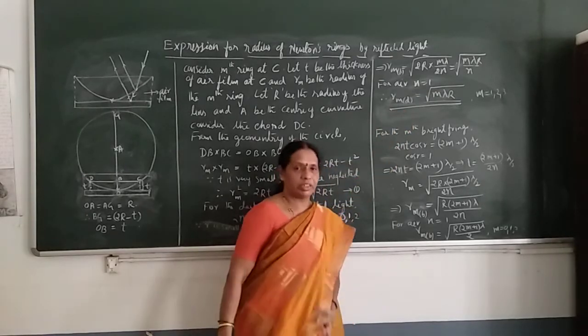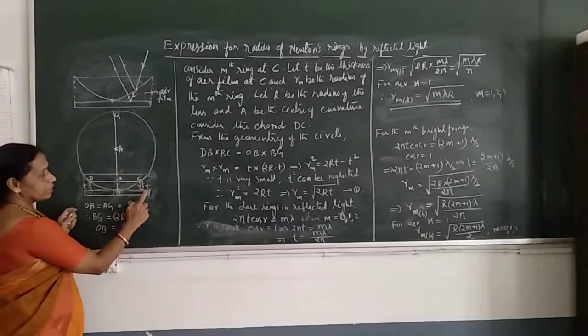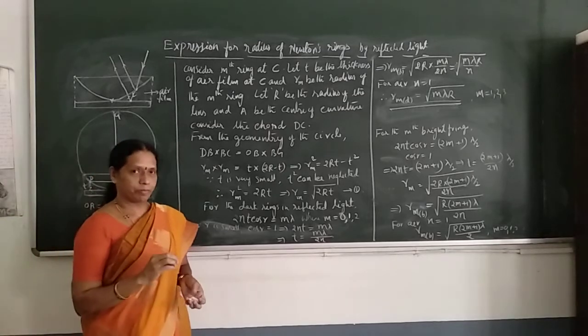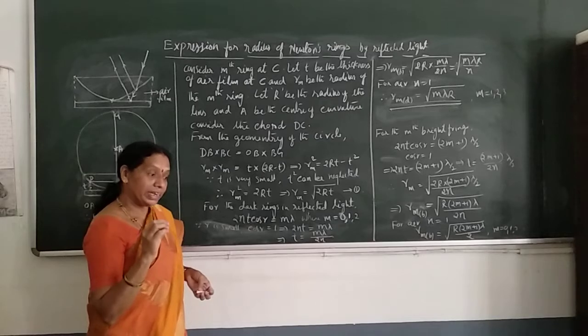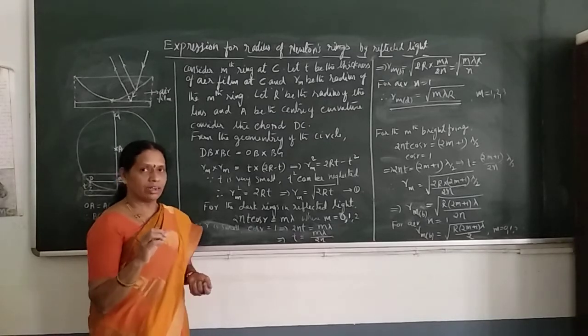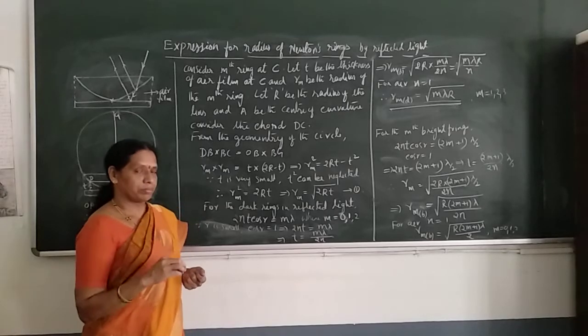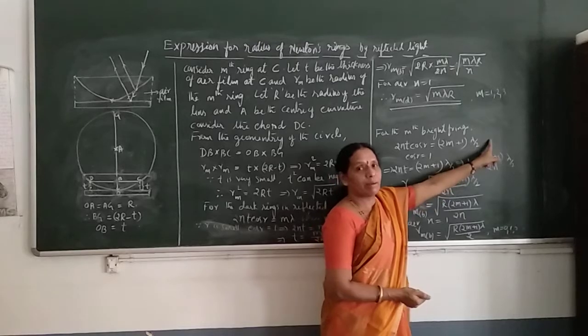Now consider the bright fringe. Suppose at this point where the thickness is t, the mth bright fringe is produced. Let Rm be the radius of that mth bright fringe. In general, the condition to produce a bright fringe in reflected light is 2nt cos r equal to (2m plus 1) lambda by 2.